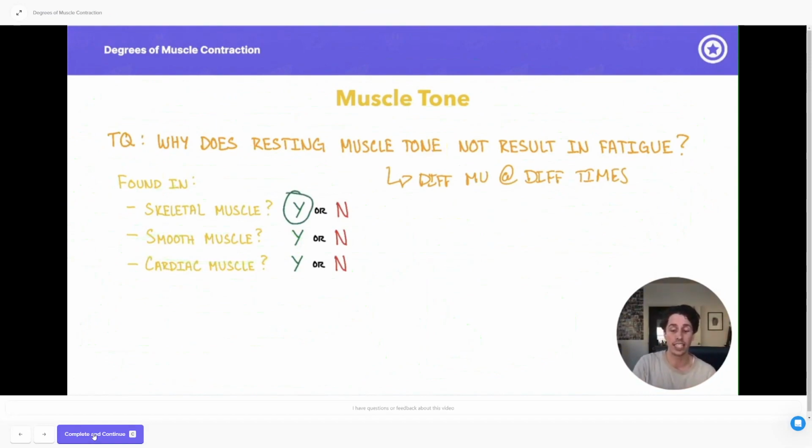And so this is actually going to have some muscle tone as well because it's going to help with our digestion. But cardiac muscle, this is the odd man out. This is actually one that does not have muscle tone. So it's interesting that these two do. And a little way to remember this, they both have S in there. So the two S muscles will have muscle tone, but the odd man out, the cardiac, is not going to have that muscle tone.